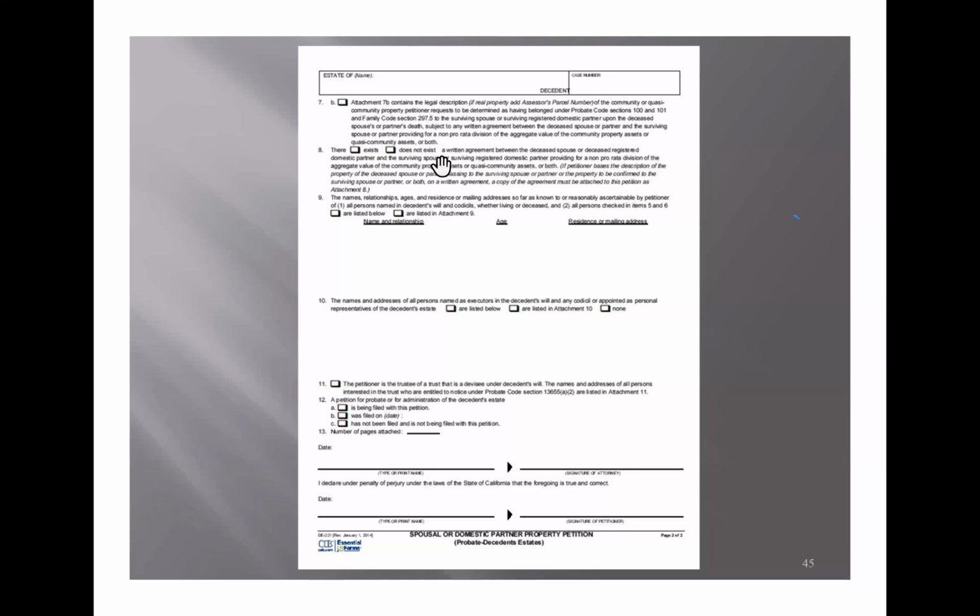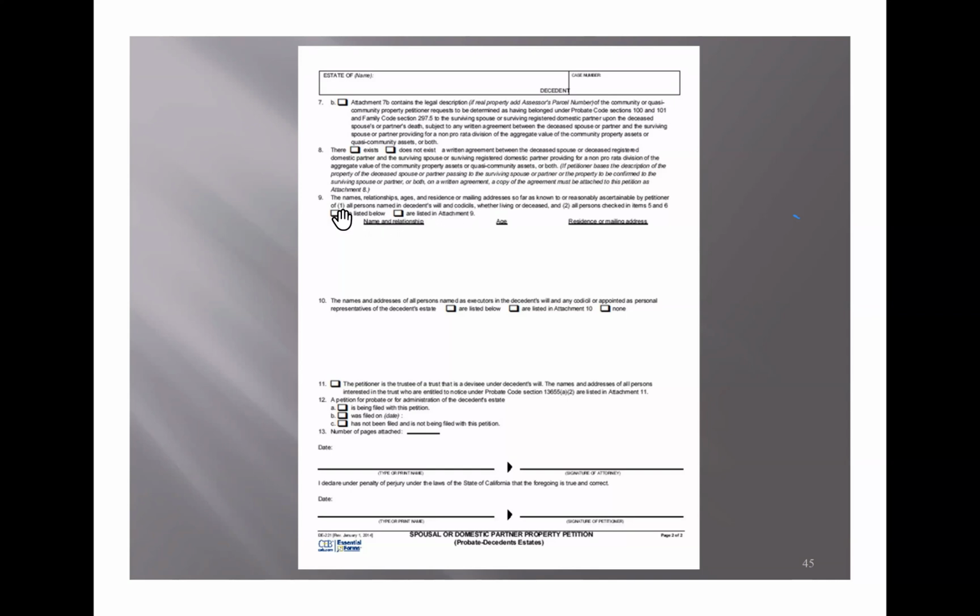Usually this is not the case. And then number 9, this is where you list the name, relationship. Don't forget the relationship, like whether it's spouse, child, grandchild, whatever, age, and mailing address.